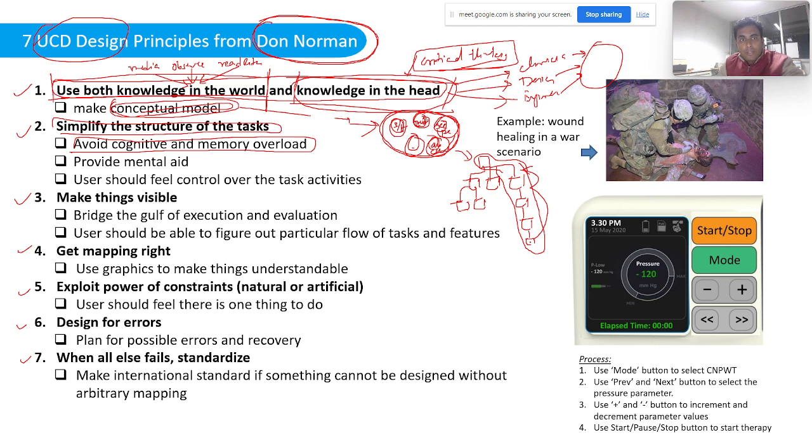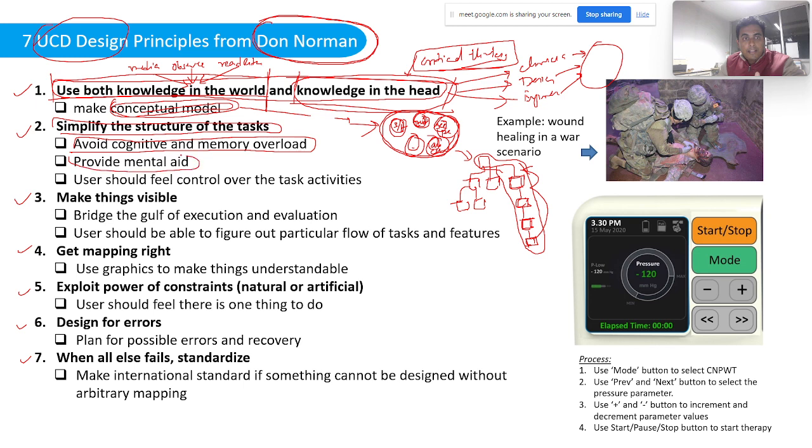You should avoid overloading his short-term and long-term memory, and it should not include a cognitively complex procedure that needs a lot of processing, which the user may not be able to solve or understand. So he may get frustrated and leave that particular task.